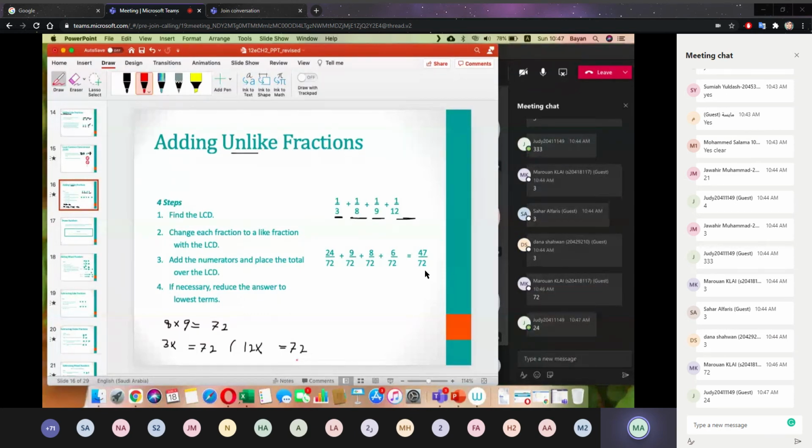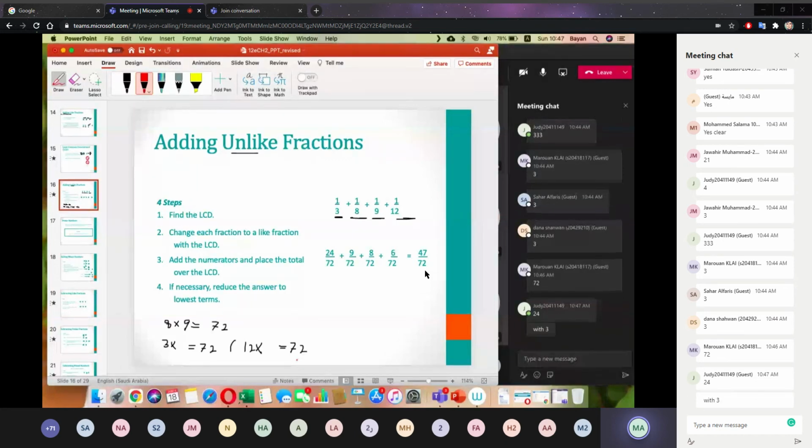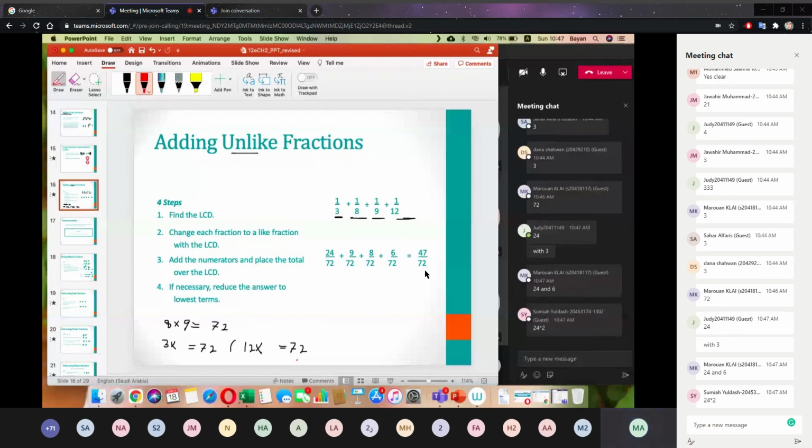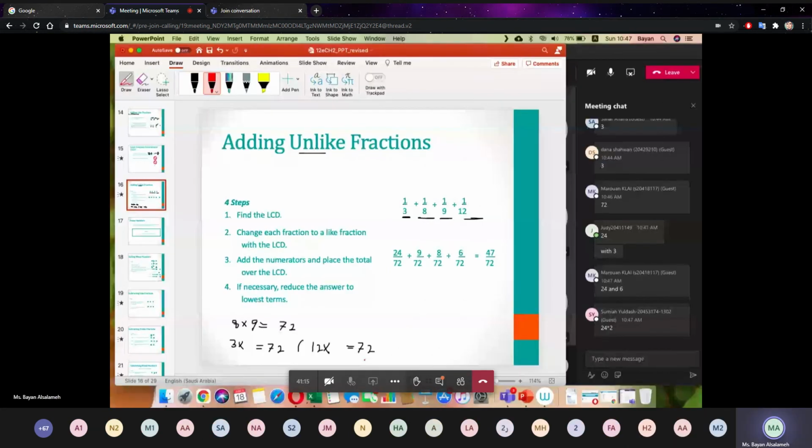24 with 3, right? If you multiply 3 by 24 it will give you 72. What about 12?